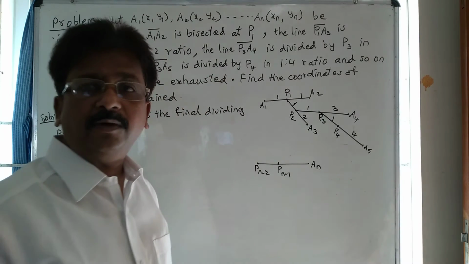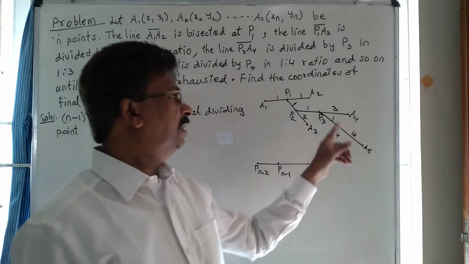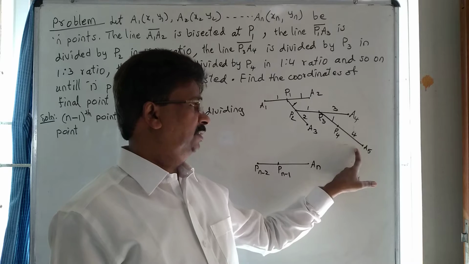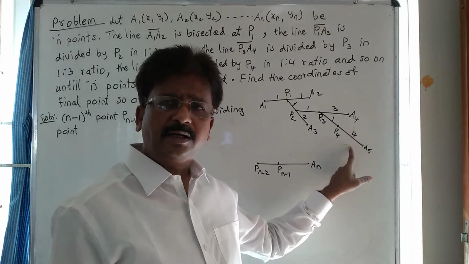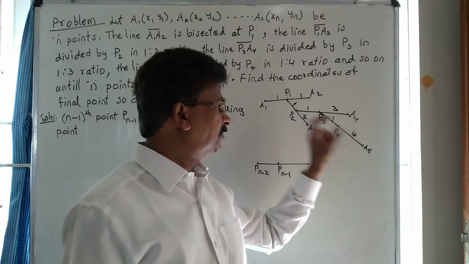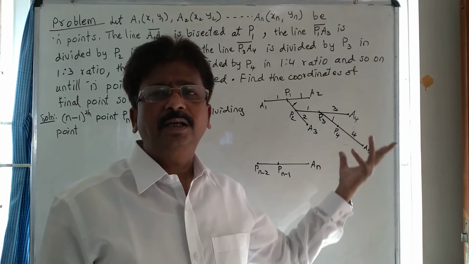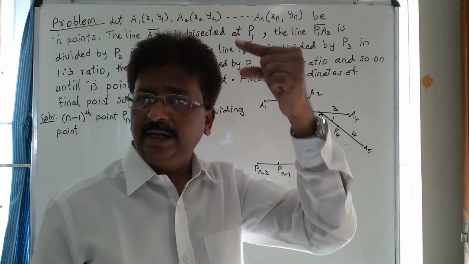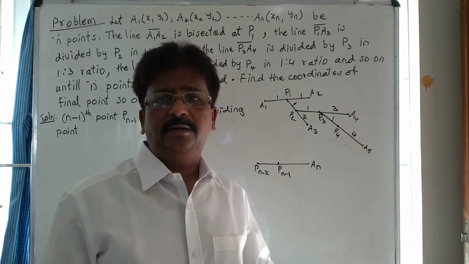It divides at what ratio? Observe the ratio also. I have written from A1 to A5. So the last line segment is divided at what ratio? 1:4. Clearly, the 4 is the serial number of the dividing point.